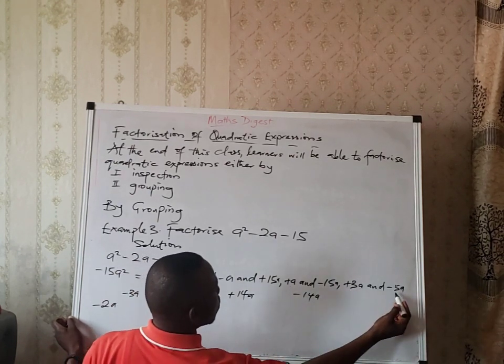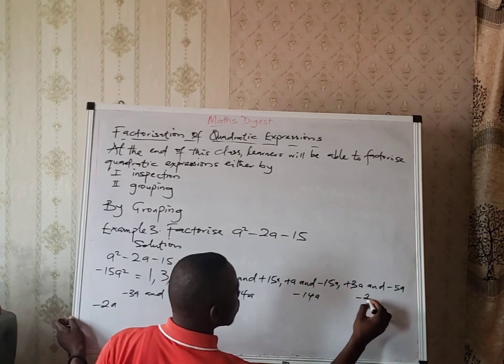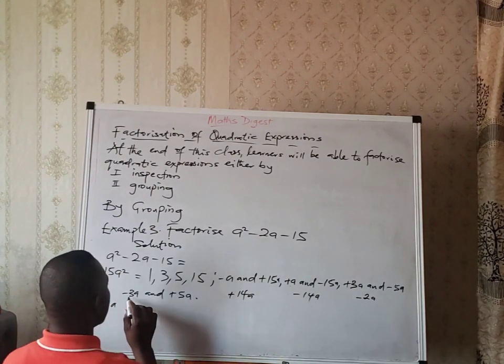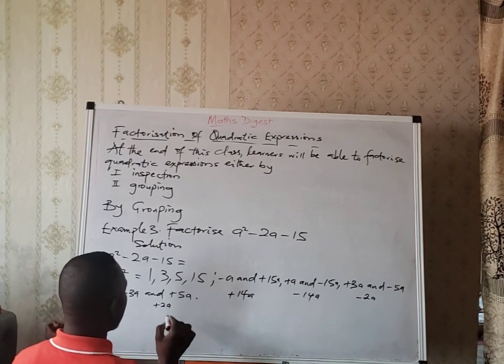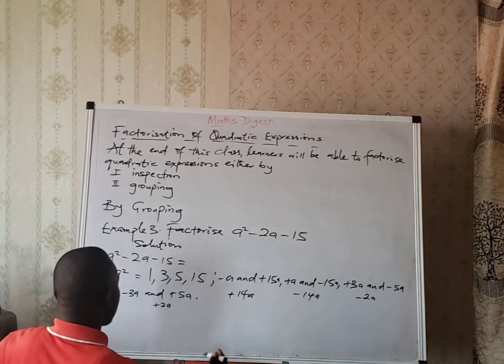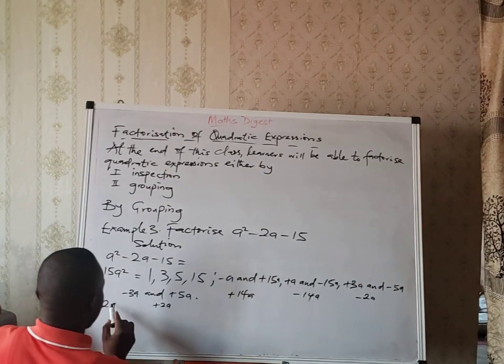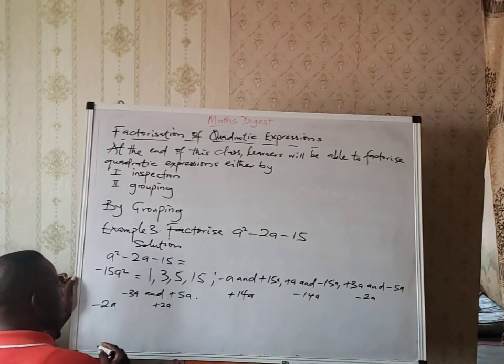This plus this will give us minus 2a, but this and this will give us plus 2a. Looking at it now, we see that this one satisfies this, so we take the combination of that.